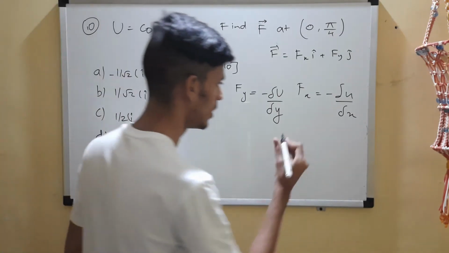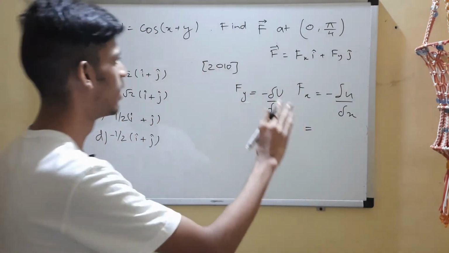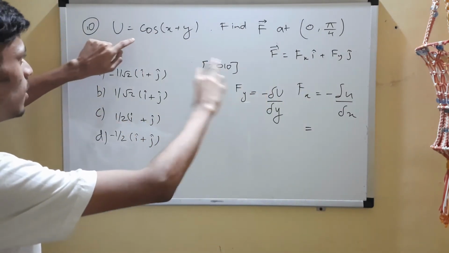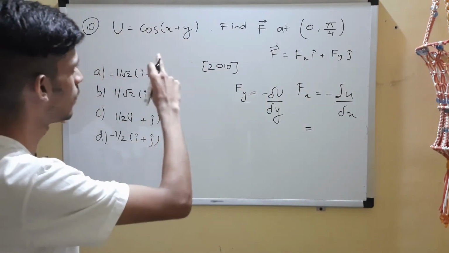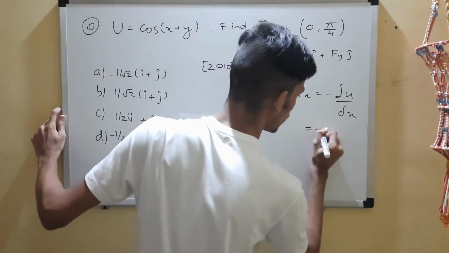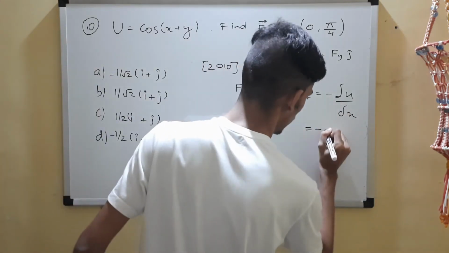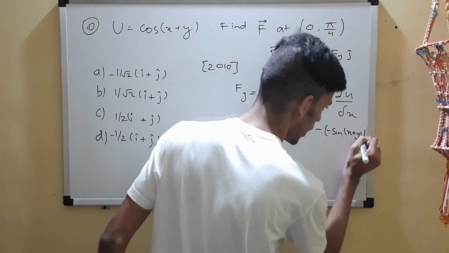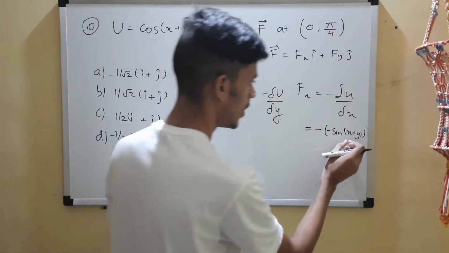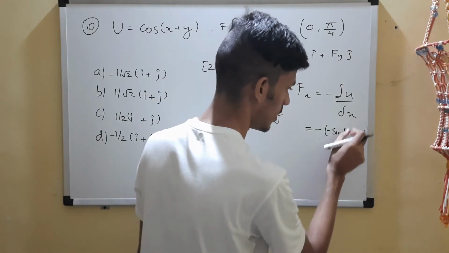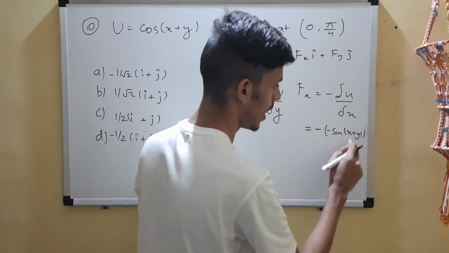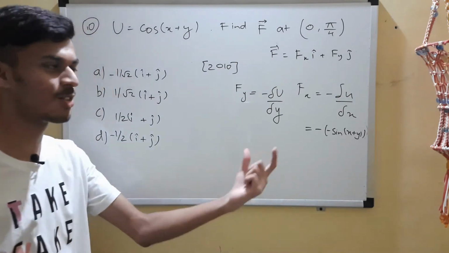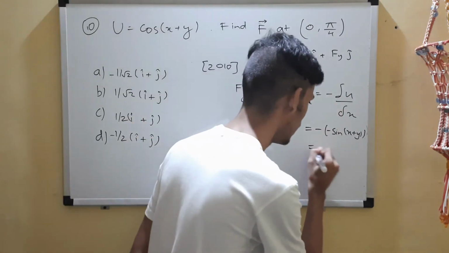That's why it's partial differentiation. Anyways, let's do that. So differentiation of cos of x plus y, so this minus sign, and differentiation of this will be minus sine x plus y. Then again we have to differentiate this. So differentiation of x with respect to x is 1, and differentiation of y will be 0 because it's a constant for x, right?